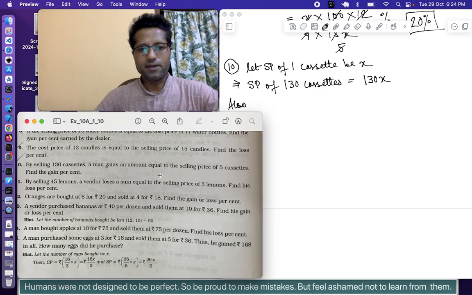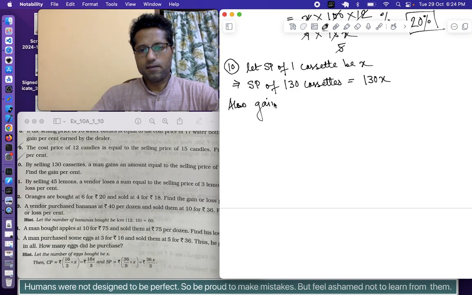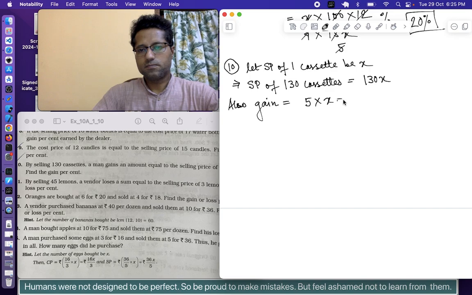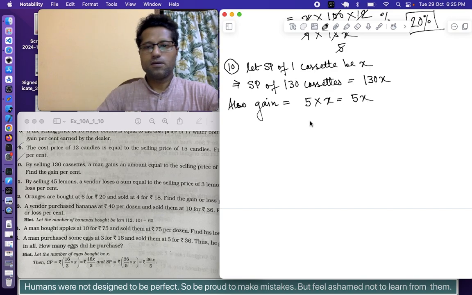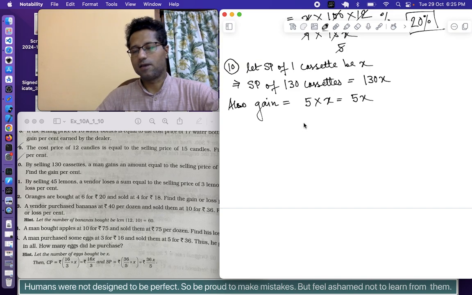It says that a man gains an amount equal to the selling price of 5 cassettes. So we can say the gain is equal to the selling price of 5 cassettes. The selling price of 1 cassette is x, so 5 into x is 5x. That is, the gain is 5x based on selling 130 cassettes.